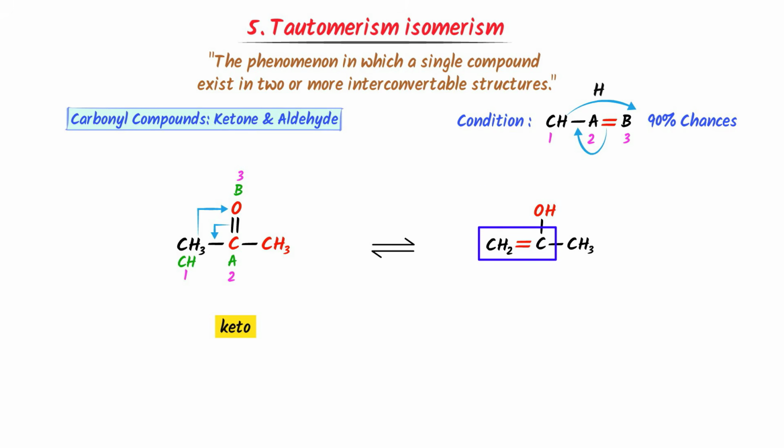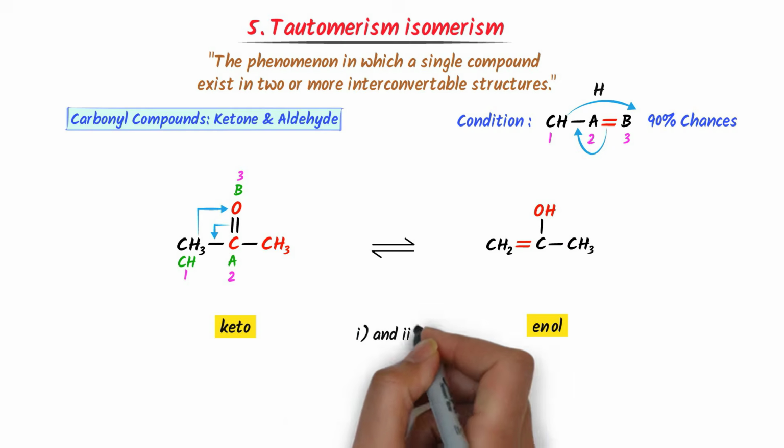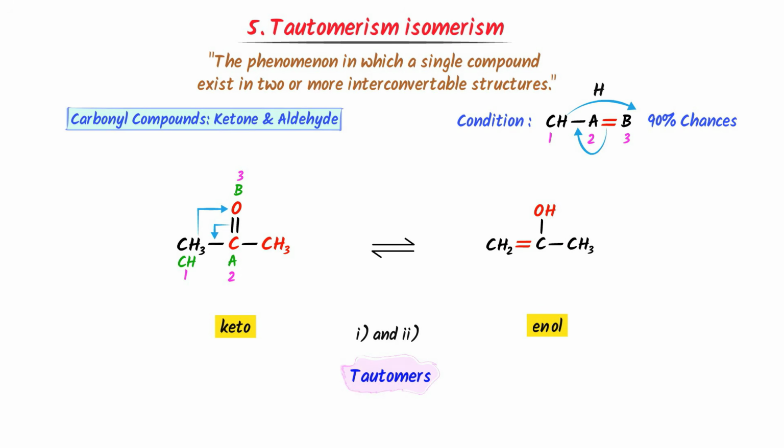This compound contains the double bond of an alkene. I write en, and for this OH, I write ol. So I get enol. Hence, these are the two tautomers or two isomers of each other. We also call tautomerism keto-enol isomerism because we get ketone and enol.